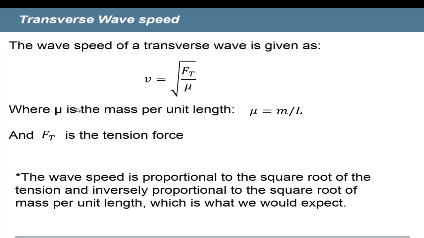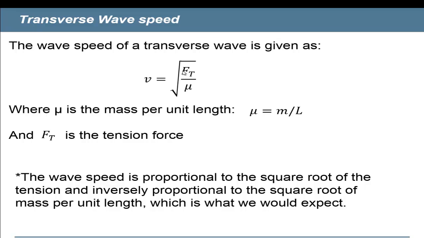So finally, we can give you the equation for the wave speed of a transverse wave, a wave in which the disruption was perpendicular to the propagation. Then the speed is the square root of F_T over mu.